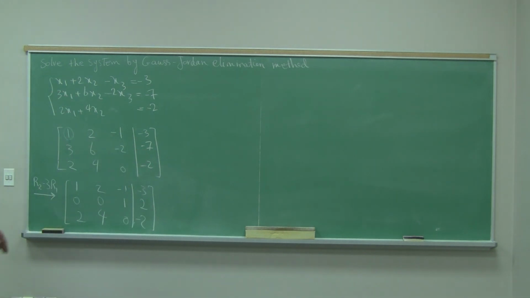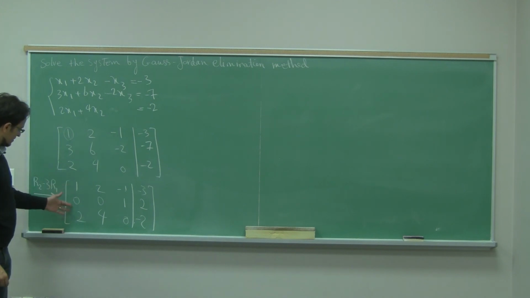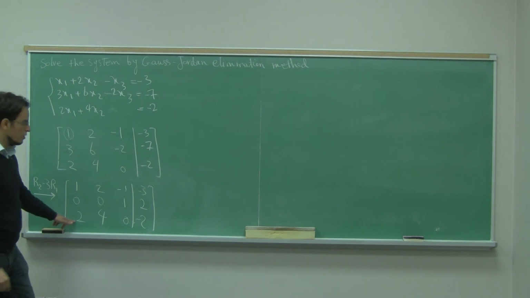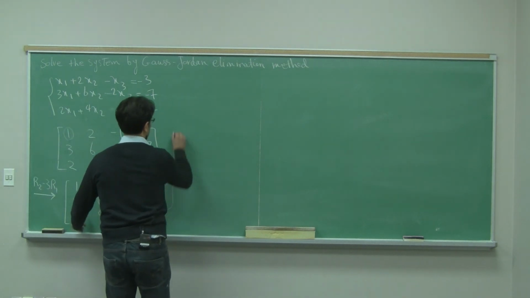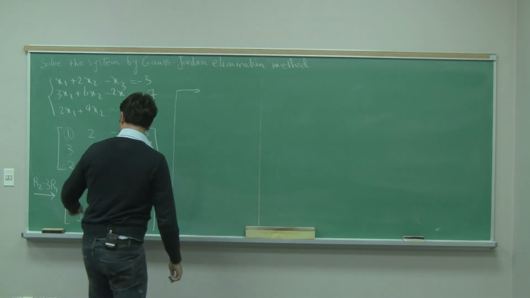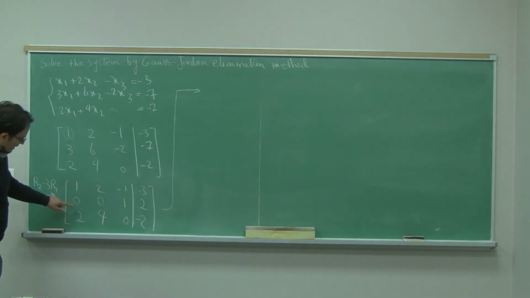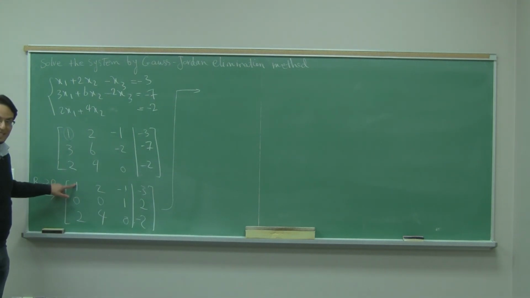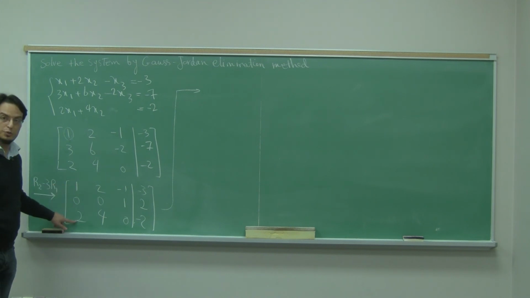This is very good. Now I made this entry 0. I have to make this one also 0. So I can make this one 0 by multiplying row 1 by -2 and adding it to row 3.